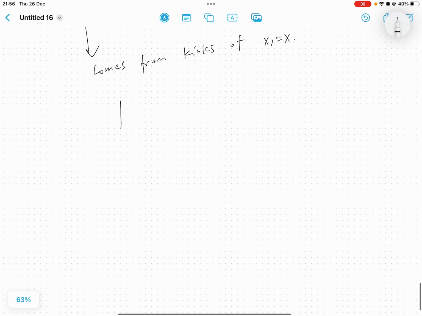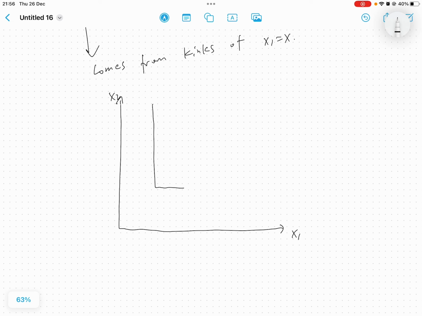So in a figure, now let's draw this Leontief preference. This is x1, this is x2. Let's suppose this would be the indifference curve. This is not straight, but I'm trying to indicate that this is a straight L-shaped curve.